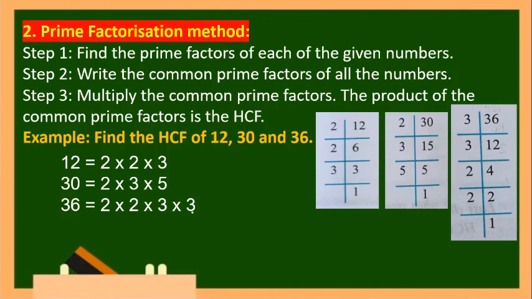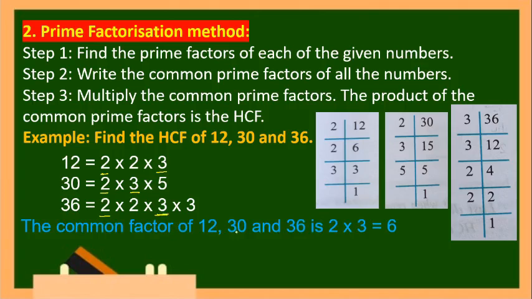Now what is the next step? Write the common prime factors. Now tell me, what are the common prime factors here? 2 is common in all. One more 2 is there here, but here it's not there. Then 3 is common in all. So the common factor of 12, 30 and 36 is what? 2 into 3.